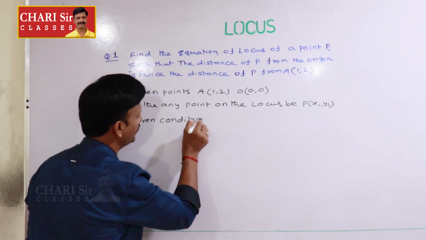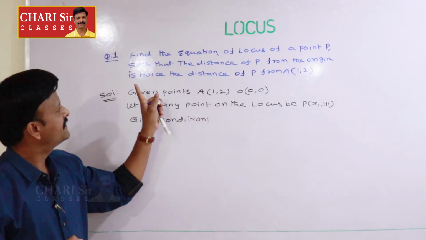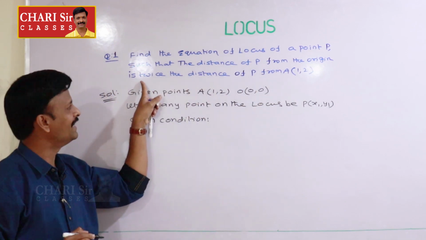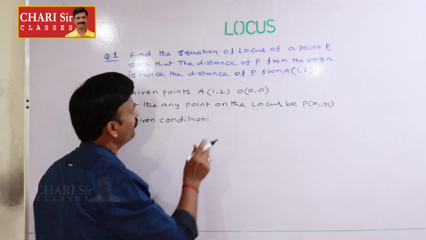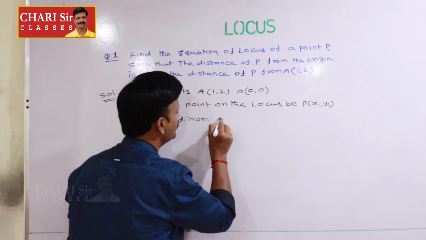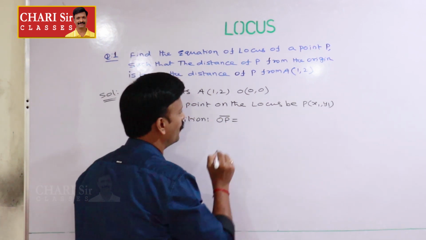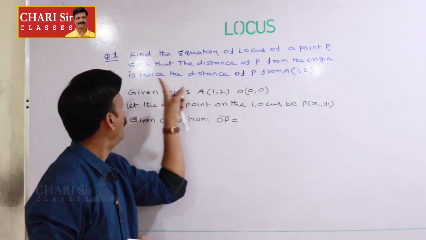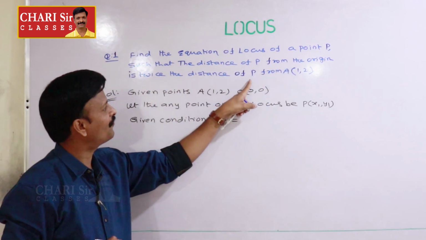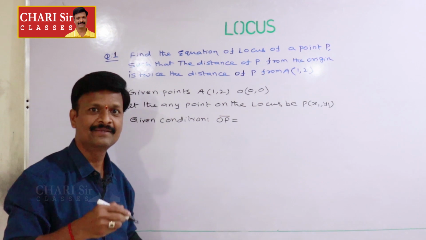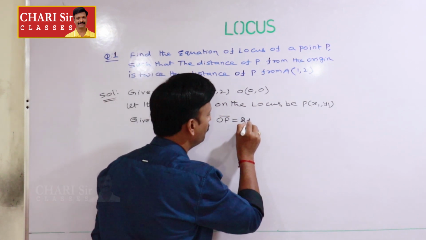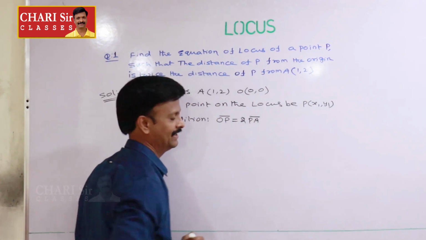The distance of P from the origin, that is OP bar, is twice the distance of P from A. Twice means 2 times, that is 2 PA bar.